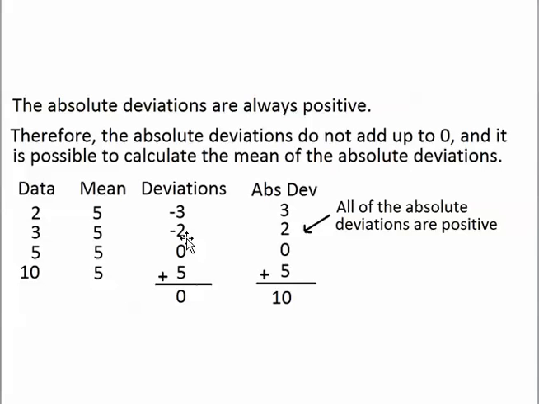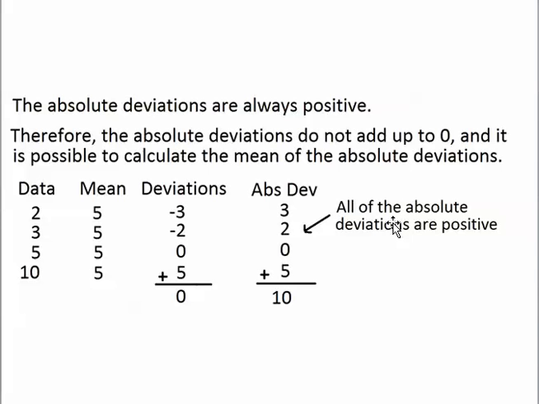And if we squared each deviation by multiplying each deviation by itself, we would also get a list of all positive numbers, because squared numbers are always positive. And that would also take care of this problem, because once again, the numbers wouldn't add up to 0. They would all be positive.